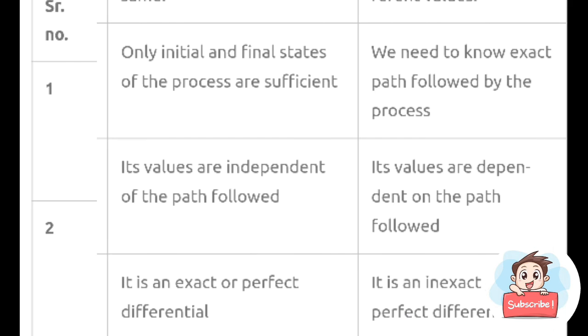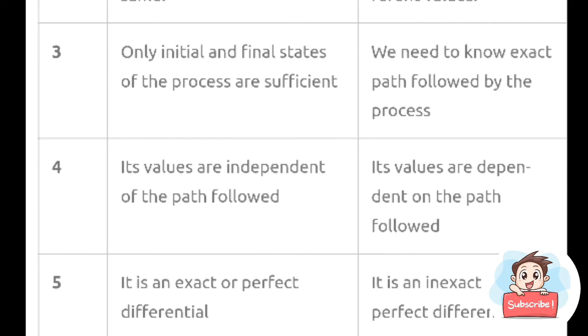Go to the next one. For point functions, only the initial and final states of the process are sufficient. In the case of path functions, we need to know the exact path followed by the process. And the fourth one: the values of point functions are independent of the path followed, while the values of path functions depend on the path followed.